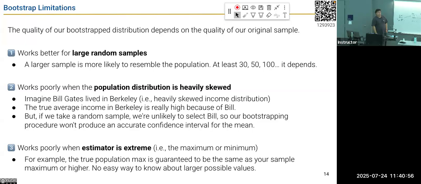If the tallest person in Berkeley is, let's say, 7 feet tall, there's no way that your bootstrap sample has someone that's 7'2". That's just impossible. So the max of each bootstrap sample is going to be less than or equal to the max of your population. So you're underestimating. Same for the min, you'll always be overestimating in that case.